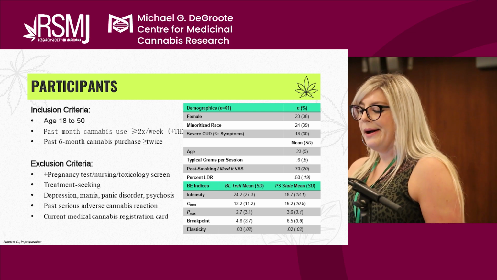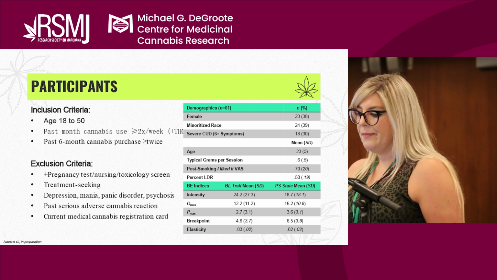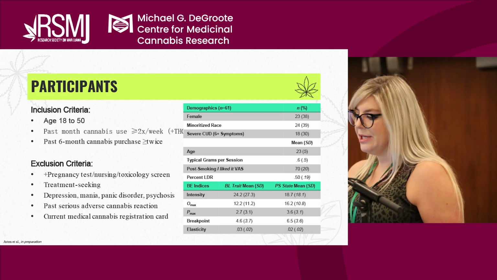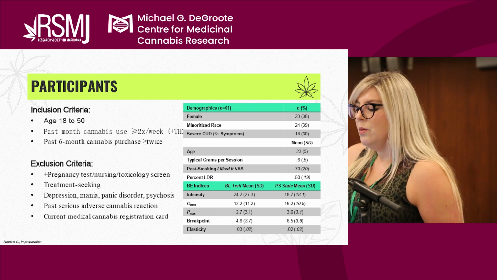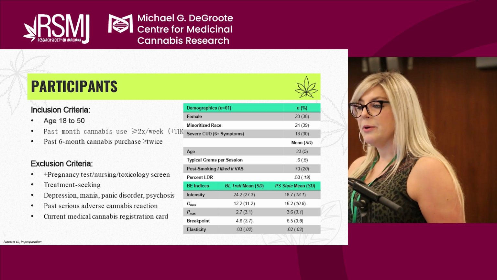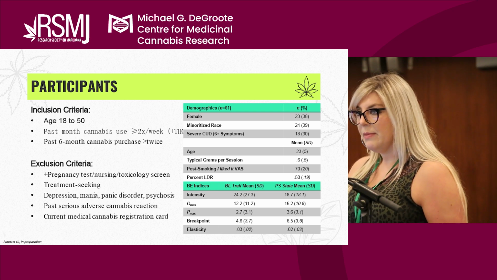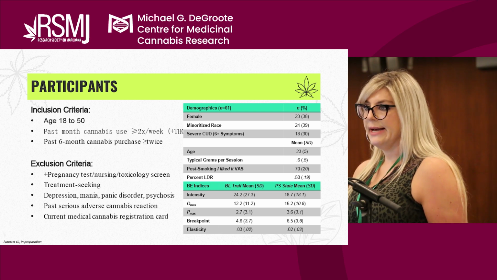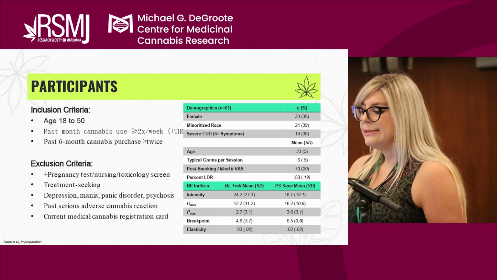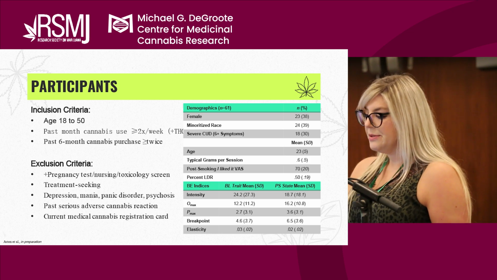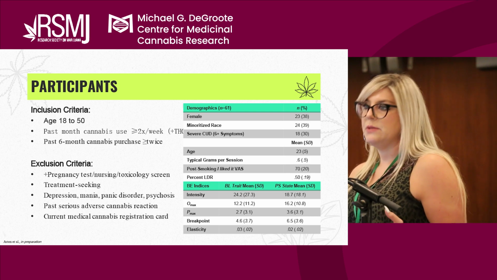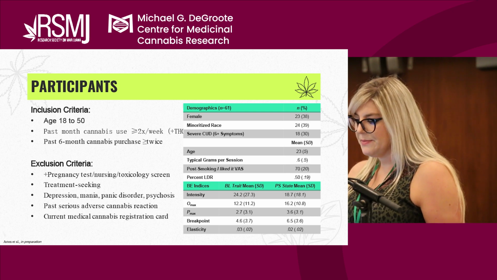And then negative pregnancy tests, no past adverse cannabis reaction, and they couldn't have a medical registration card. So nearly 40% of our sample was female and or of minoritized status, and about 30% of the sample were considered to be having severe CUD symptoms, so 6 or more symptoms.